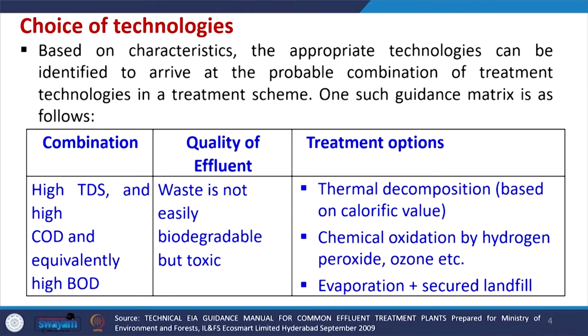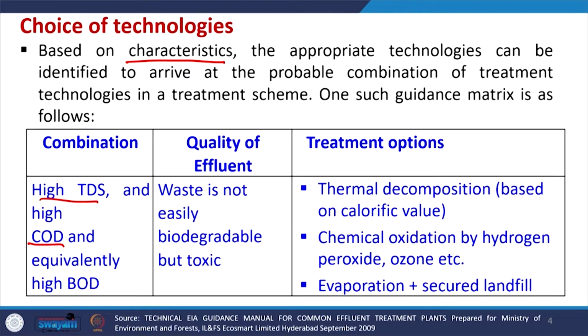The choice of technology will depend upon the characteristics of the water. The appropriate technologies can be identified to arrive at the probable combination of treatment technologies in a treatment scheme. There are different combinations which are possible. Suppose we have high TDS and high COD water, and it equivalently has high BOD also.